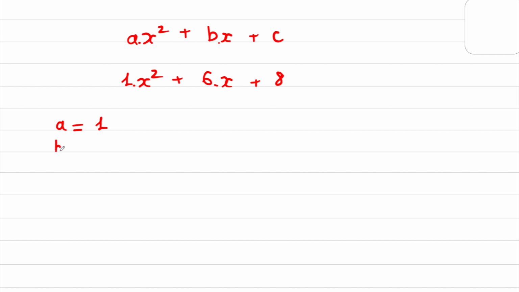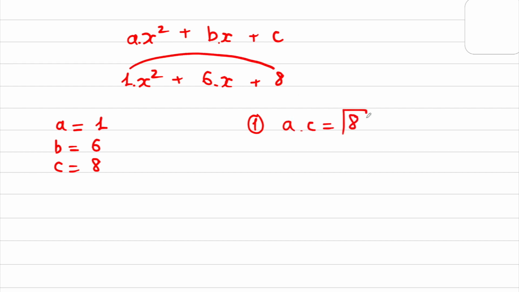The second coefficient is b, which is equal to 6, and the last one, c, is 8. For the first step, I will take a times c, which gives the number 8, and then I focus on the second number, 6.